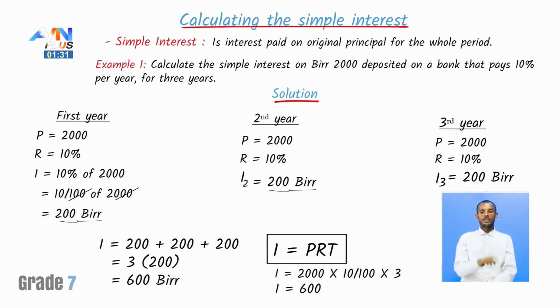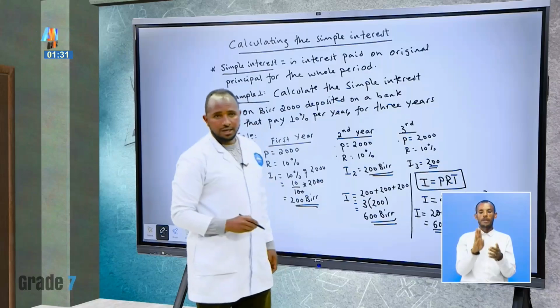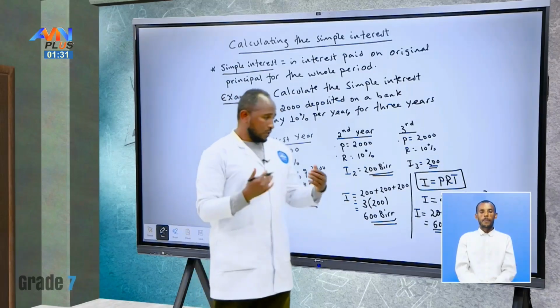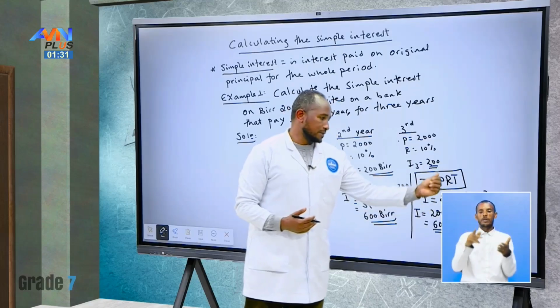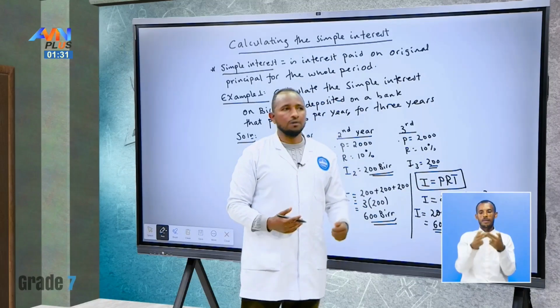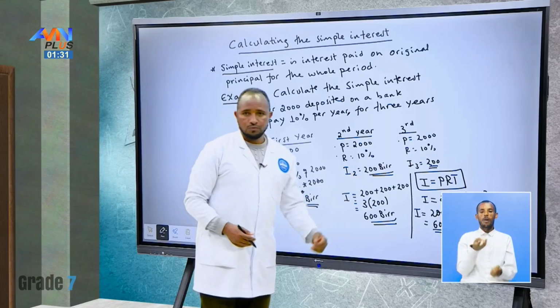Therefore, I is equal to, you can cancel 2 zeros here, 20 times 10 is 200. 200 times 3, you'll have 600. So this will be the final answer. So to calculate simple interest, you can use this equation: principal times rate times time. That's it. Now, we'll proceed to the next example.